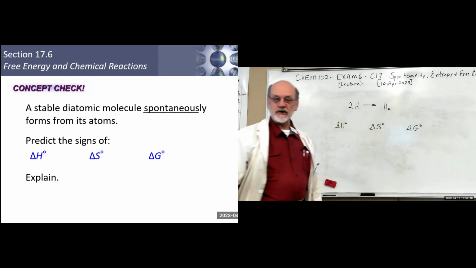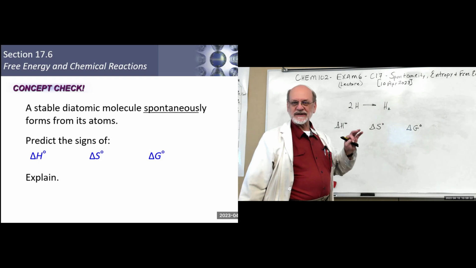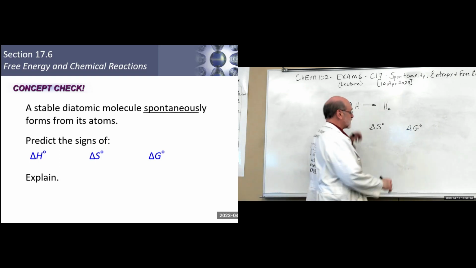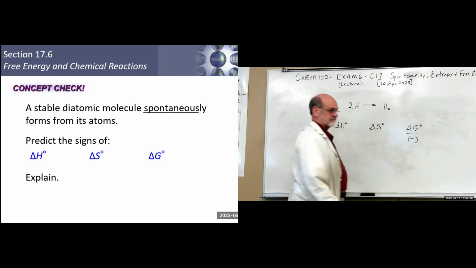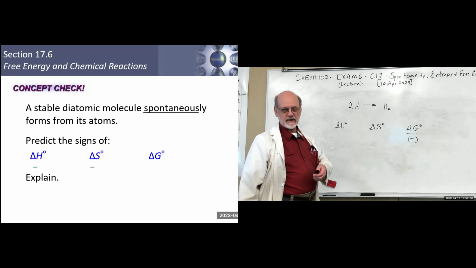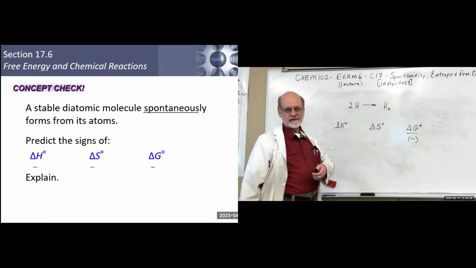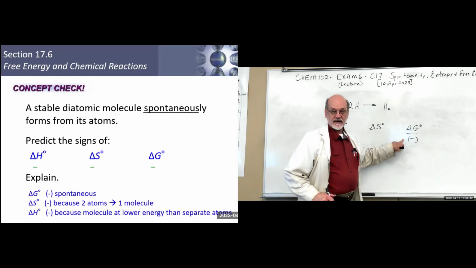All right, let's start with delta G first, because the key word there is spontaneous. It says this is spontaneous, so delta G has to be negative, correct? All right, this is spontaneous because it's negative.